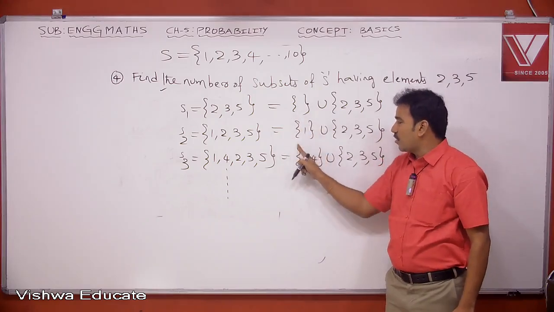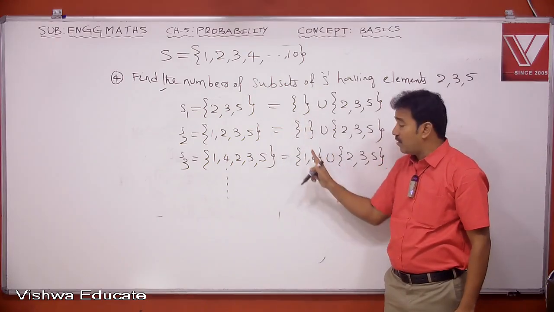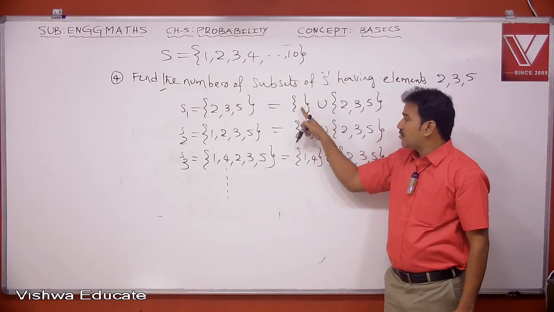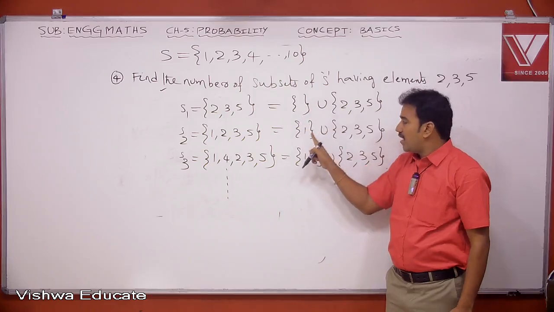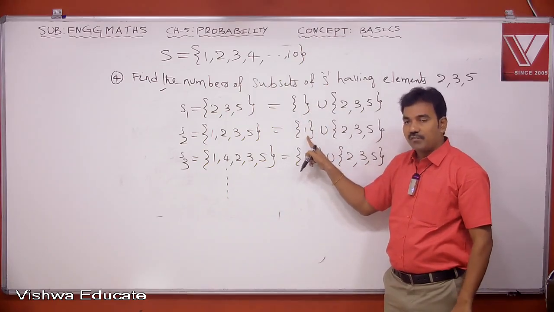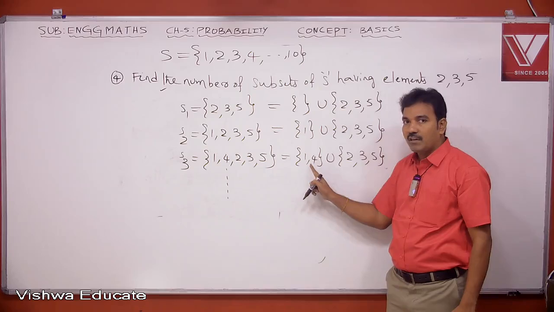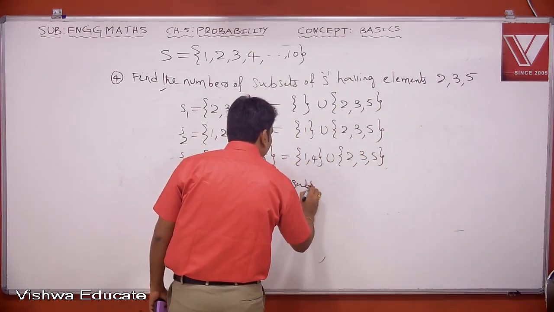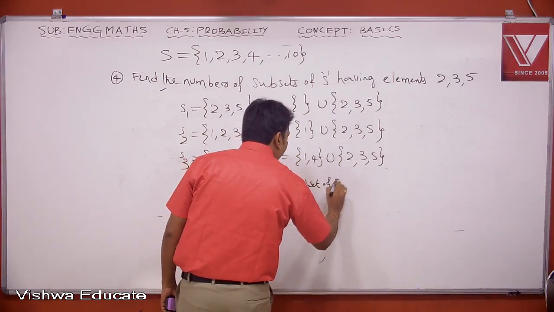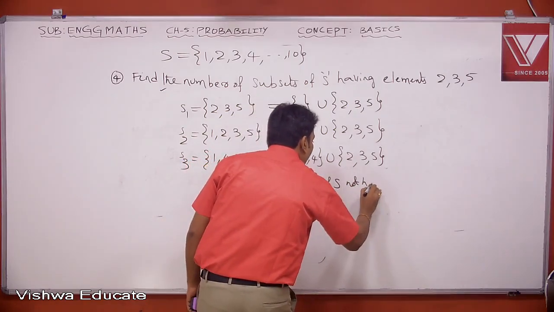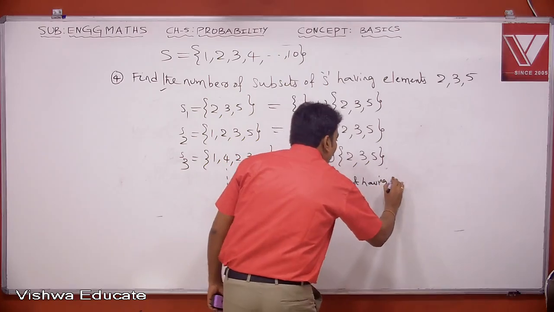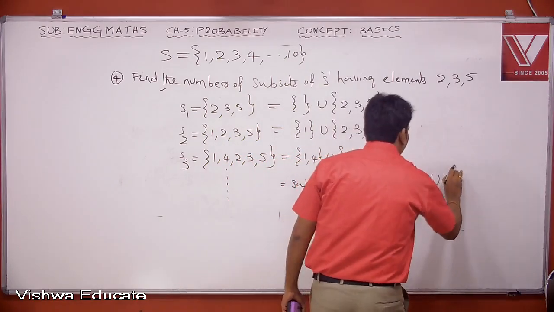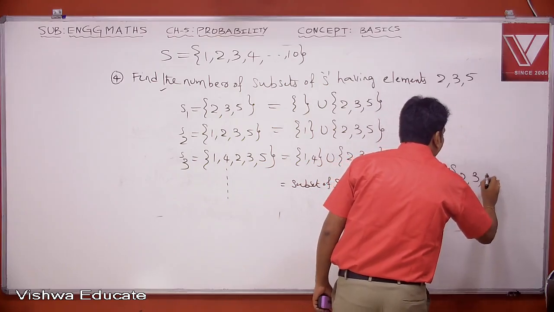This is a subset of S not having 2, 3, 5. Likewise, each of these is a subset of S not having 2, 3, 5. Therefore basically this is a subset of S not having 2, 3, 5, union the set {2, 3, 5}, like this.